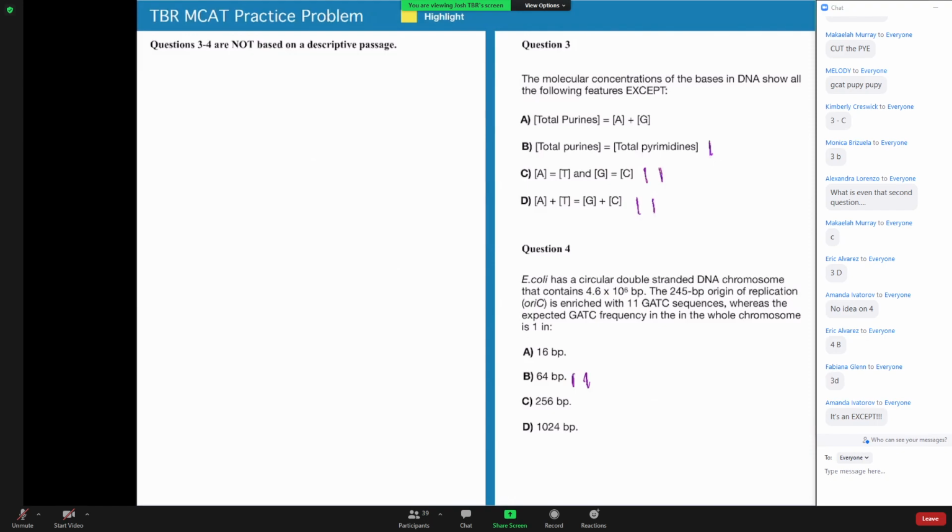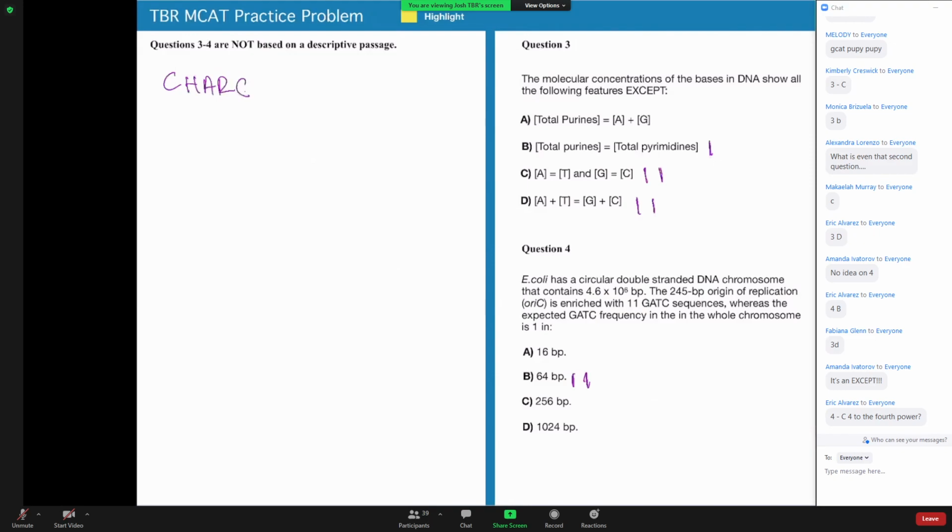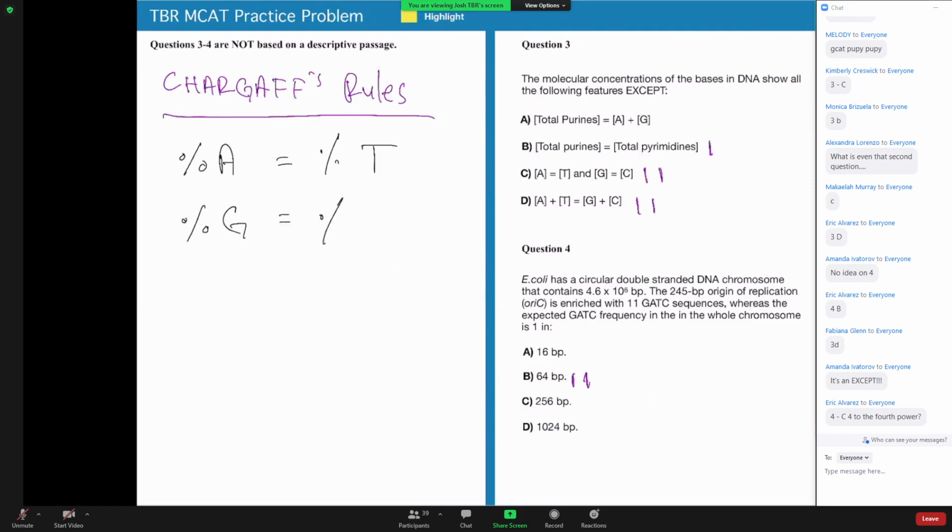Have you guys heard of Chargaff's rules when we're talking about DNA? This is something we should go over. It's the proposal that your percent A nucleotides is going to equal your percent T nucleotides, and your percent G nucleotides are going to equal your percent C nucleotides.